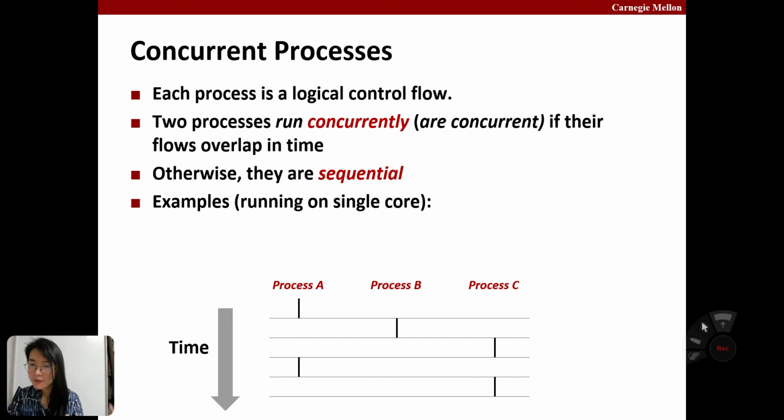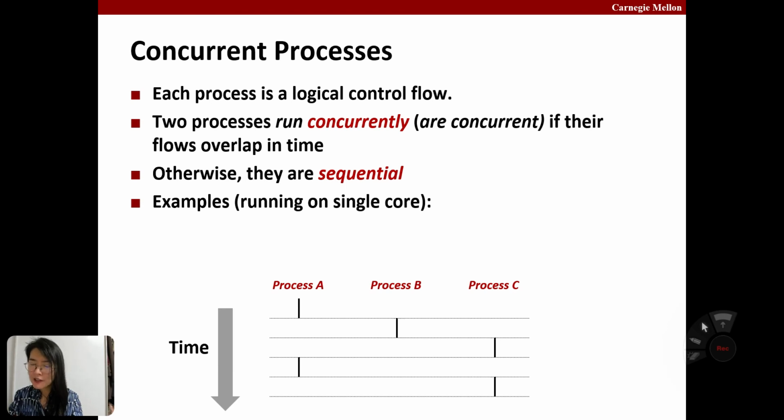But before finishing process C, process A finishes first. So processes A and C are executed concurrently. However, process B and C are perfectly independent.